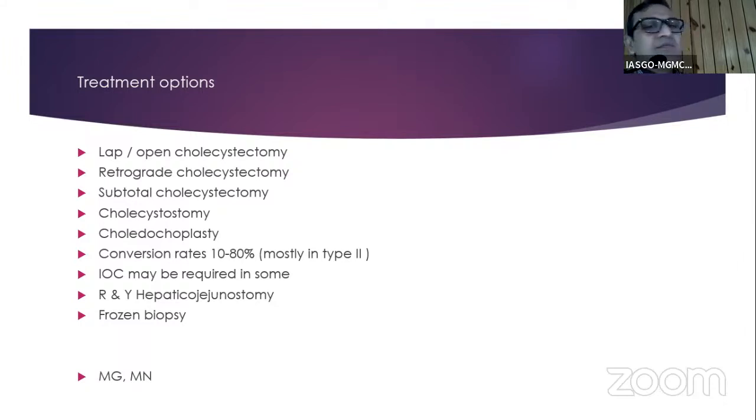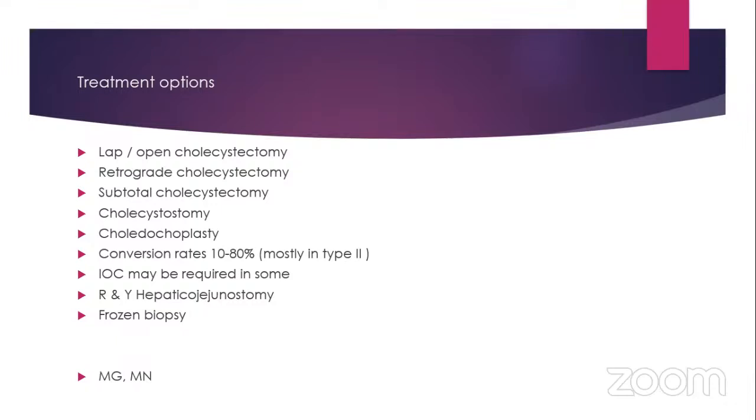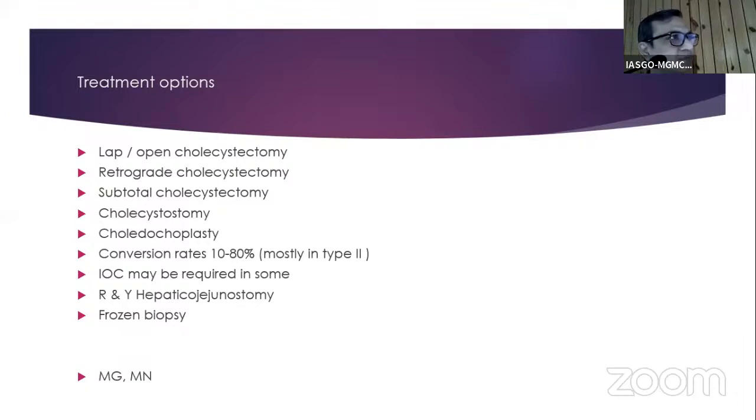For the classification, type one or two is more important. Type one is only pressure, type two has a fistula, or you can say types 2, 3, 4. In type two, maybe one-third of the CHD is involved, eroded by the stone, and in type three, it's two-thirds or more.